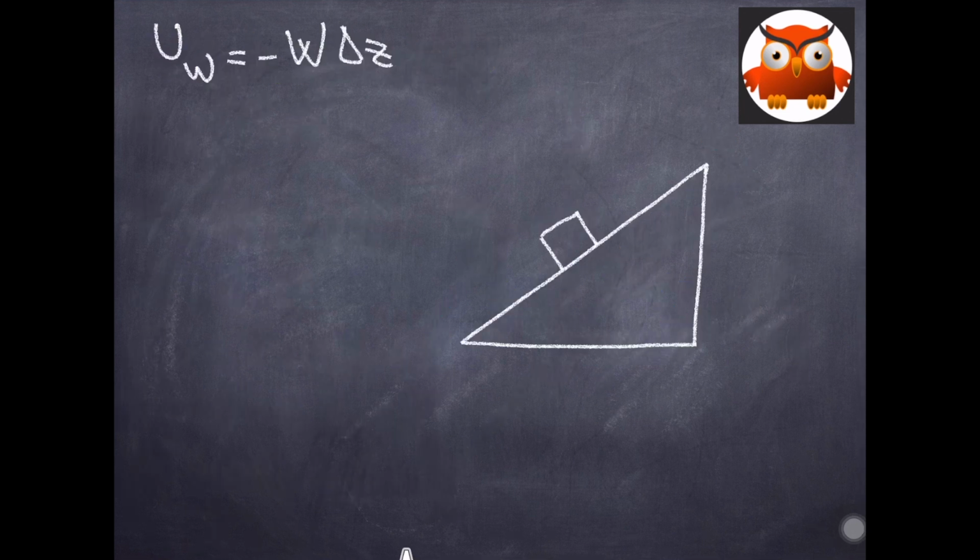Now there is a trick here, and students should be aware of it. For the calculation of the work done by the weight, I don't generally recommend applying this formula, because often students get tricked by the negative sign.